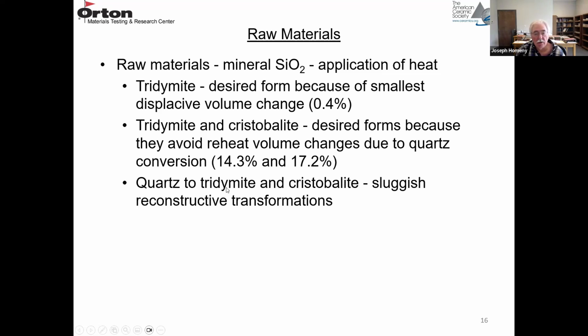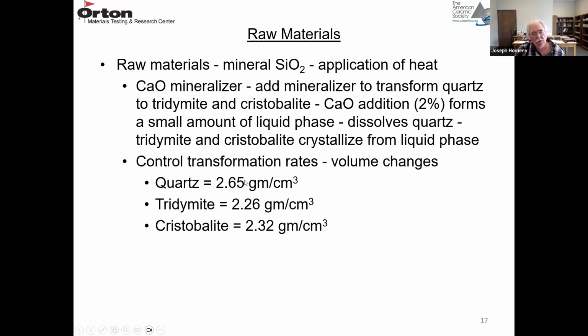So going from quartz to either tridymite or cristobalite, these are slow reconstructive transformations. The kinetics are quite slow. So what you usually do when you make a silica refractory is add a mineralizer. Lime is a mineralizer. And basically it enhances the transformation of quartz to tridymite and cristobalite. So a small lime addition, I have 2% here.